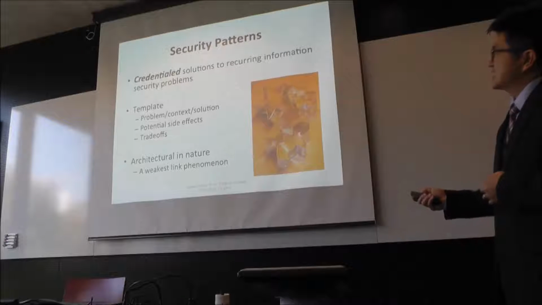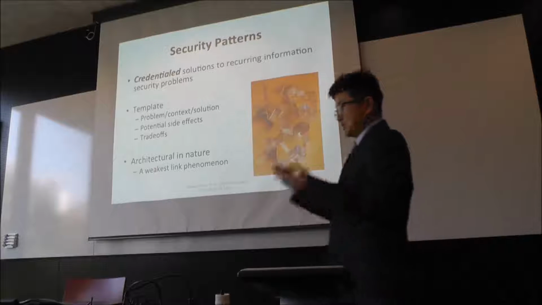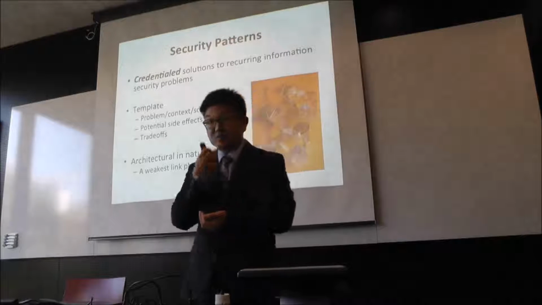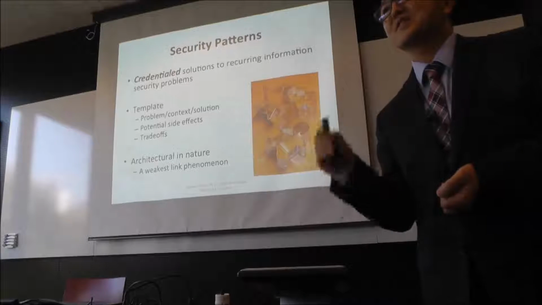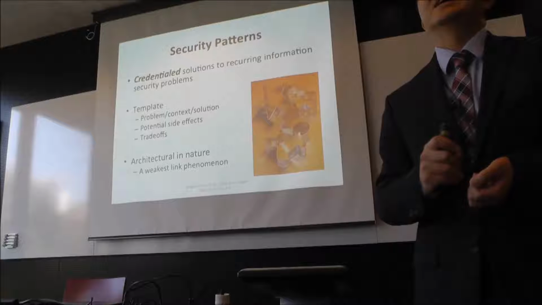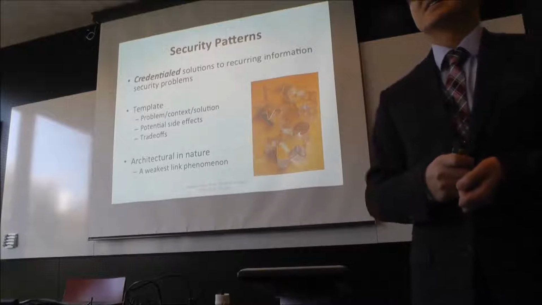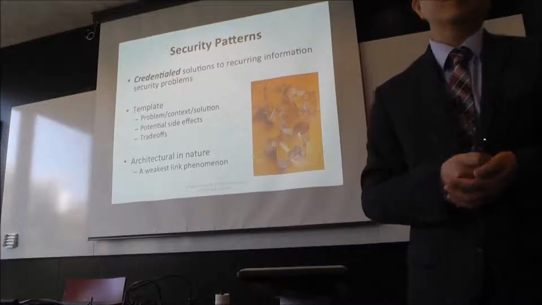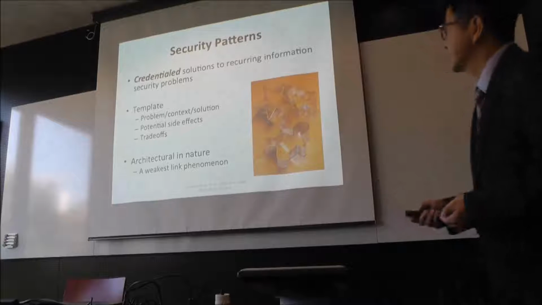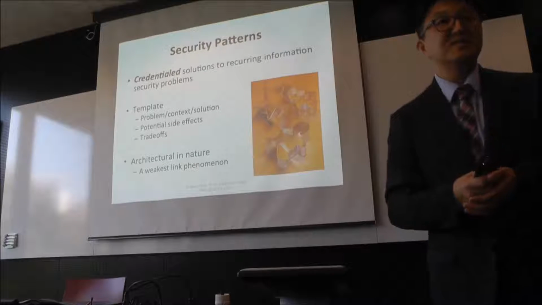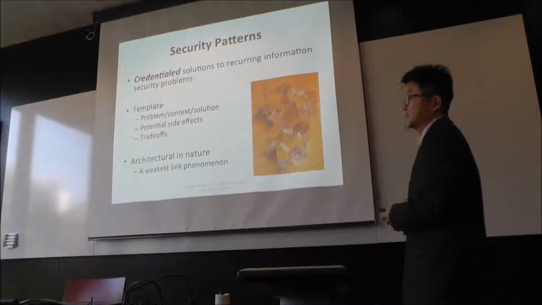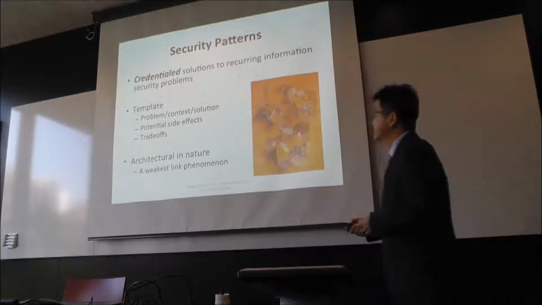And then another nice thing about this template is we also talk about potential side effects. So meaning, using a pattern is a good thing, but sometimes it does have a side effect and it may be affecting the other types of quality attributes of your software. So trade-offs are something you really have to consider all the time when you're using security patterns.